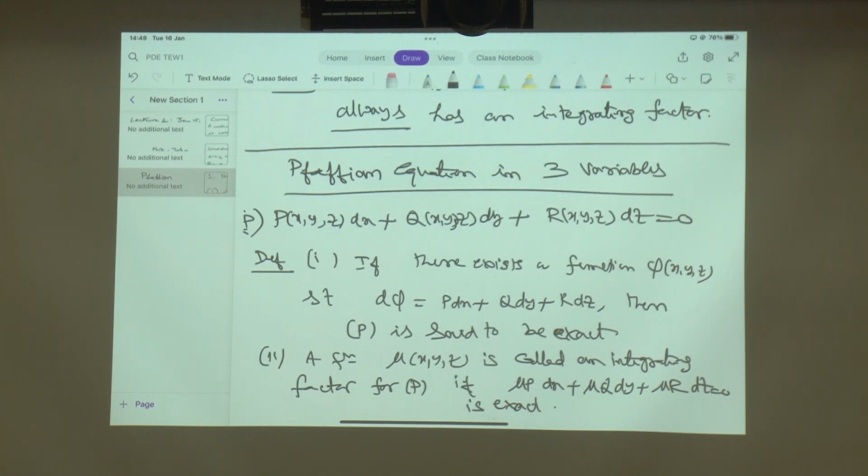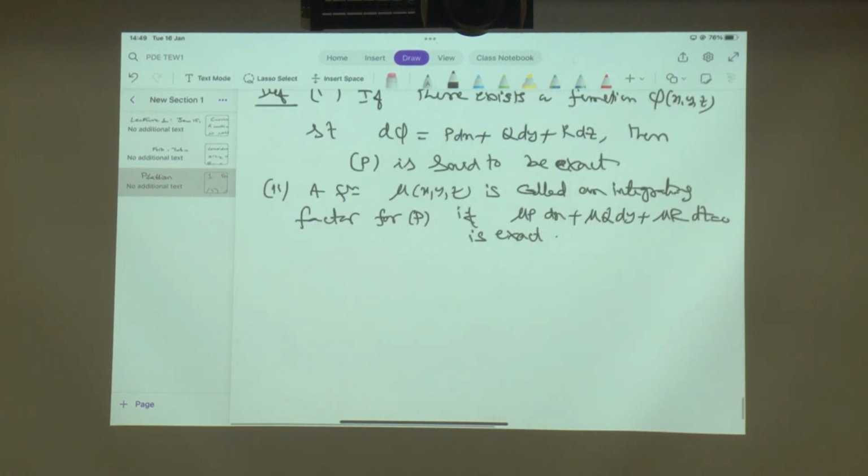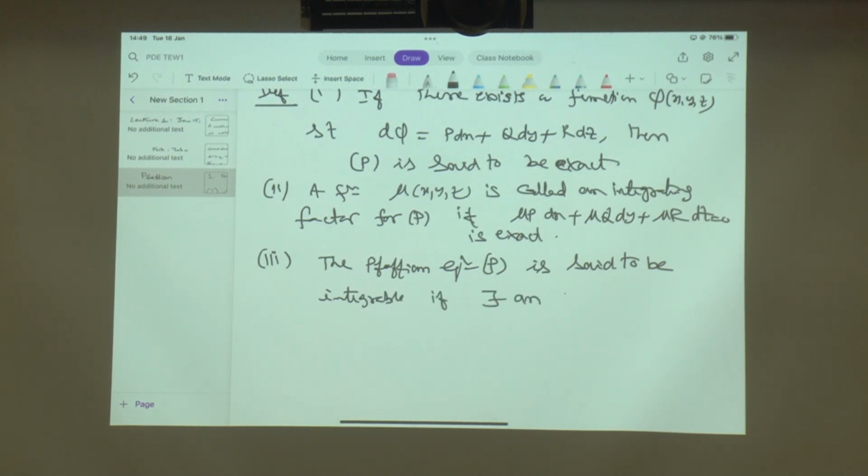That means after you multiply the equation with some function, it becomes exact. And this is what we normally see people writing: the Pfaffian equation P is said to be integrable if there exists an integrating factor. That's the meaning of integrable.